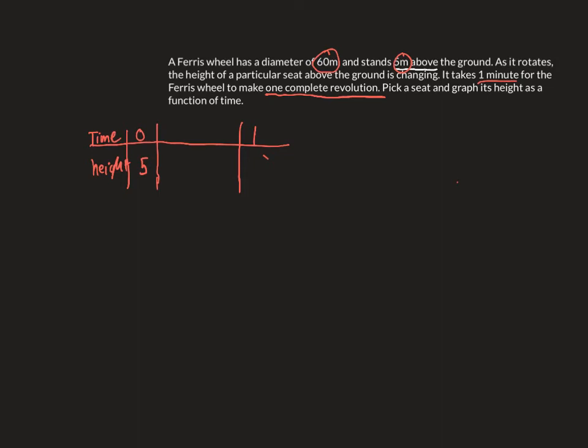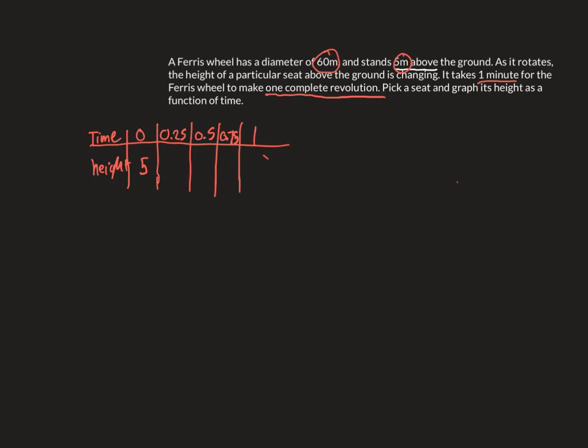You can do it however you wish, but I choose to do it in quarters, because you want a good representation of your Ferris wheel. So you want to go 0, 0.25, 0.5, 0.75, and then 1.